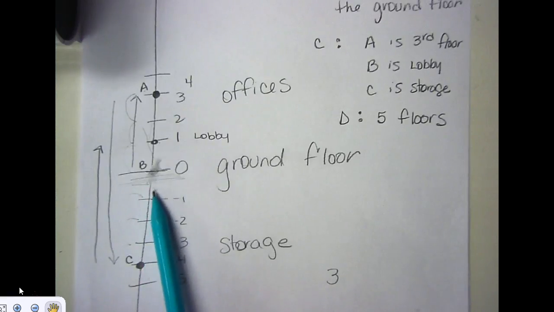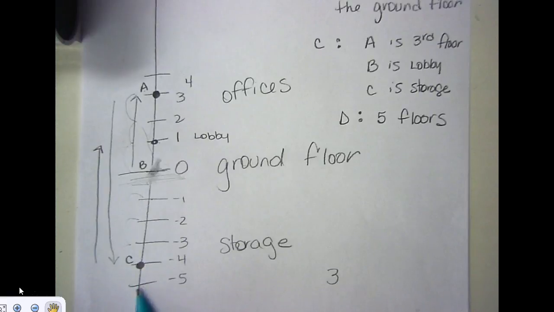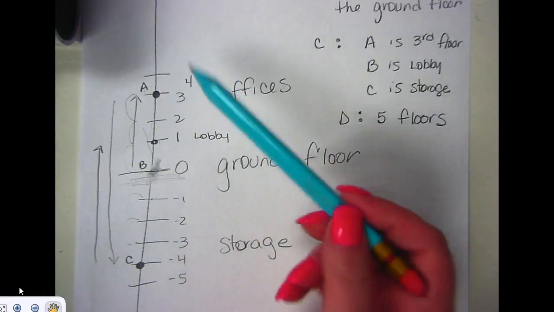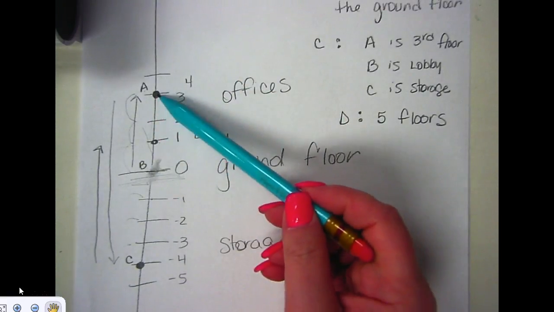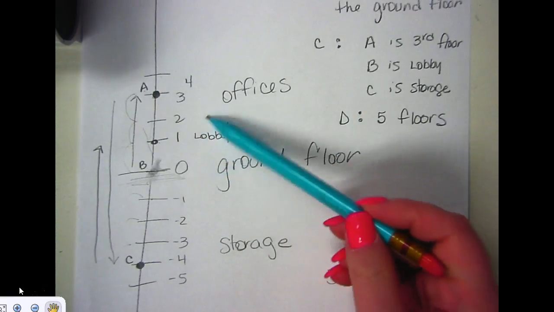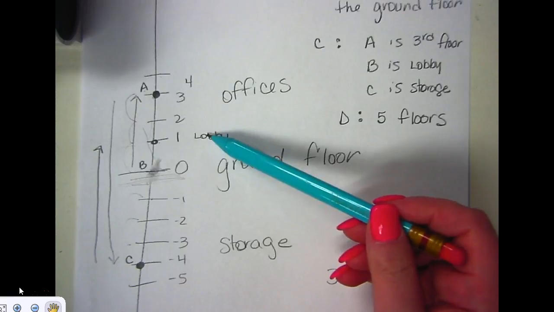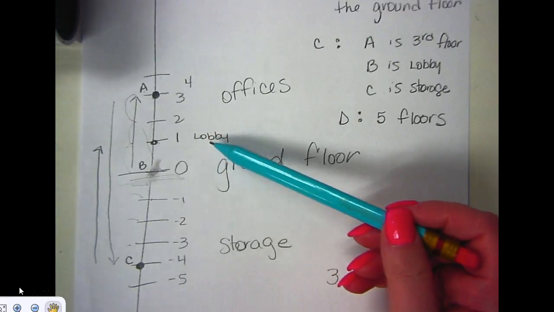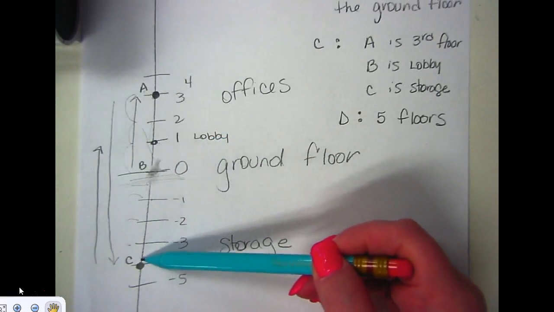There was 5 floors of storage underneath, so I go to -5 for storage. And so she went up to the 3rd floor, so I put a point there. She went down to the 4th underground level, that's there.